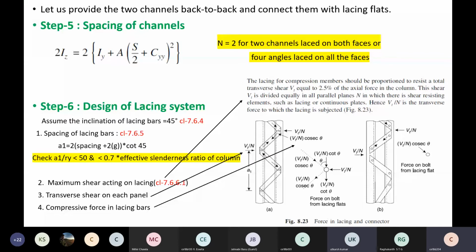For area, do we have to take the area of one section or both combined? Area of one section you have to take. Already they have given 2 times of that, no? Here 2 times of IZ is already mentioned. So for area, it will be around 4564, I guess. 9128 divided by 2, right?